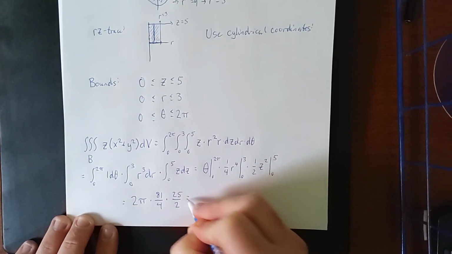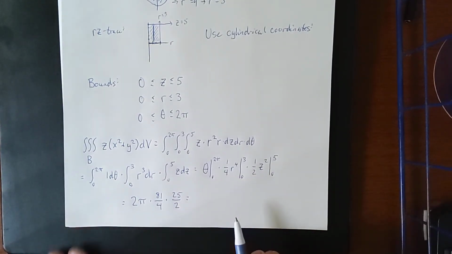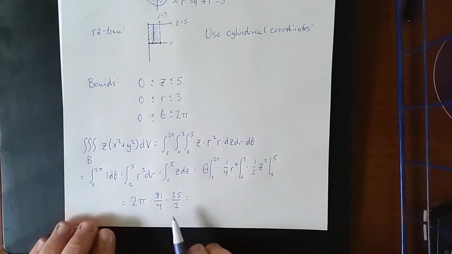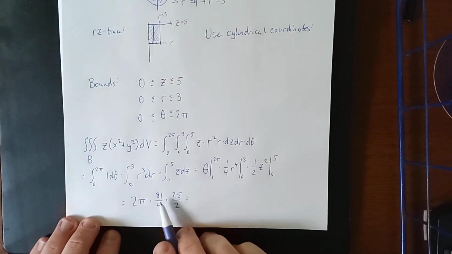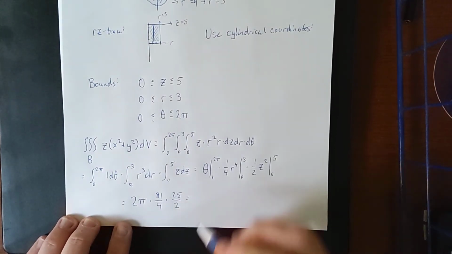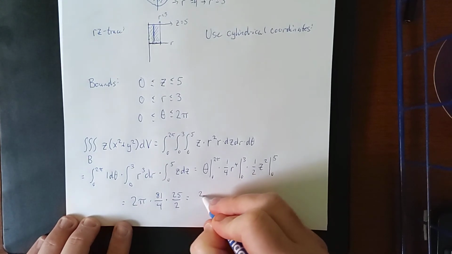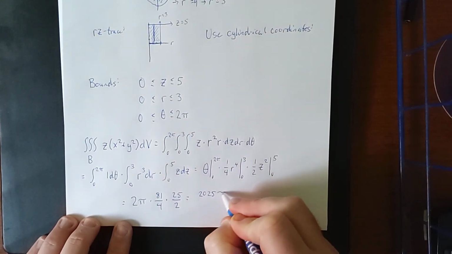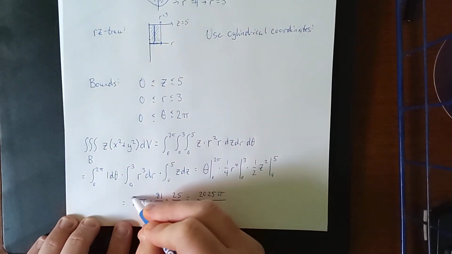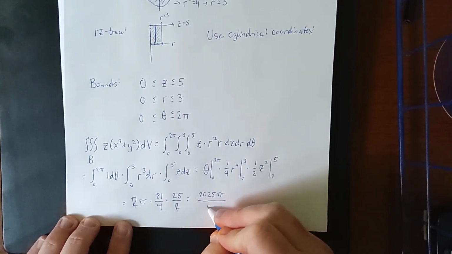The lower bounds will wind up giving us zeros. So 81 times 25, let's see, 25 times 8 is 200, 2,025 pi over, cancel out one of the 2's, 4.